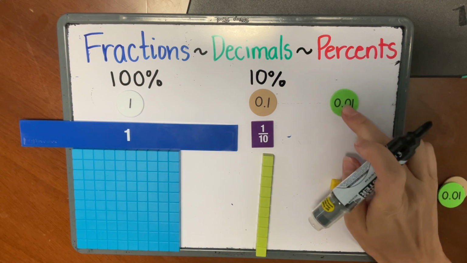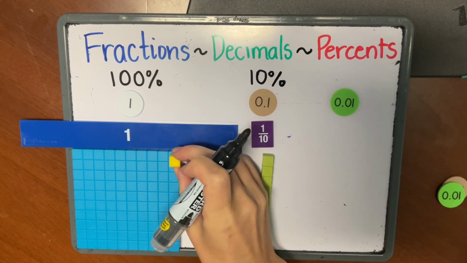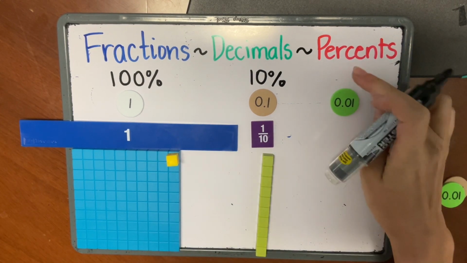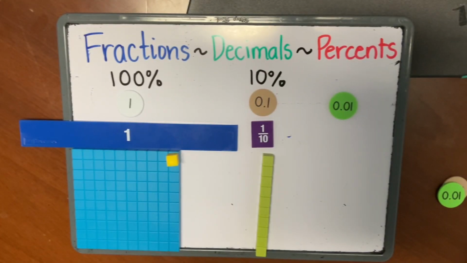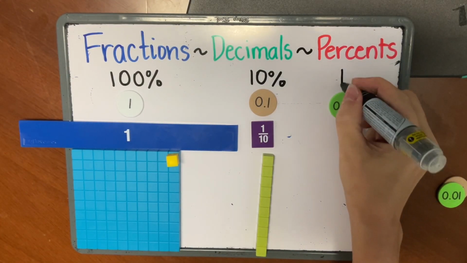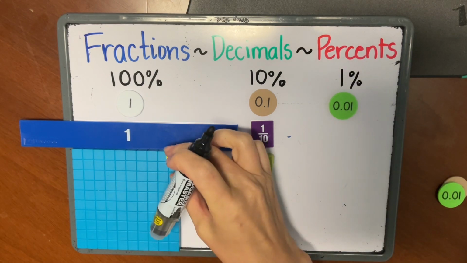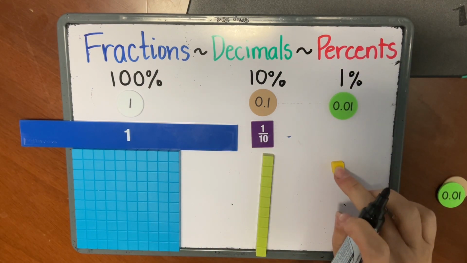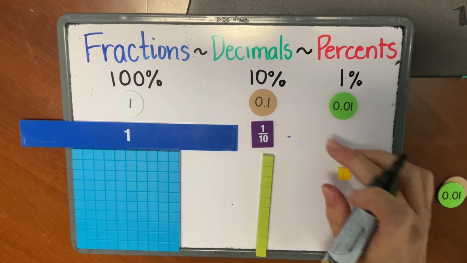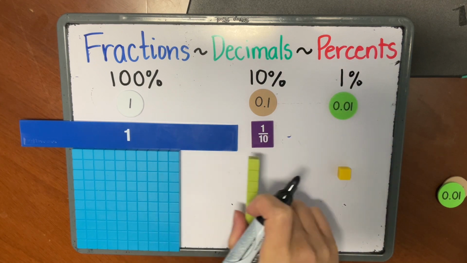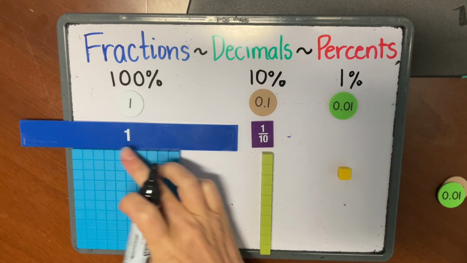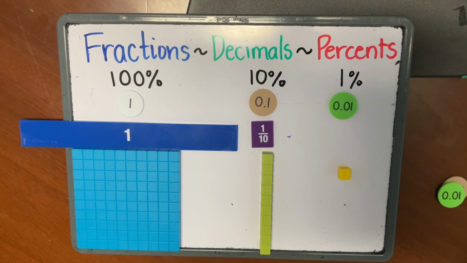If I have 1/100th, one little part of the whole, what percent do you think that would be? Did you say 1%? You are correct. 1% is 1/100th of the whole, 10% is 1/10 of the whole, and 100% is the whole.